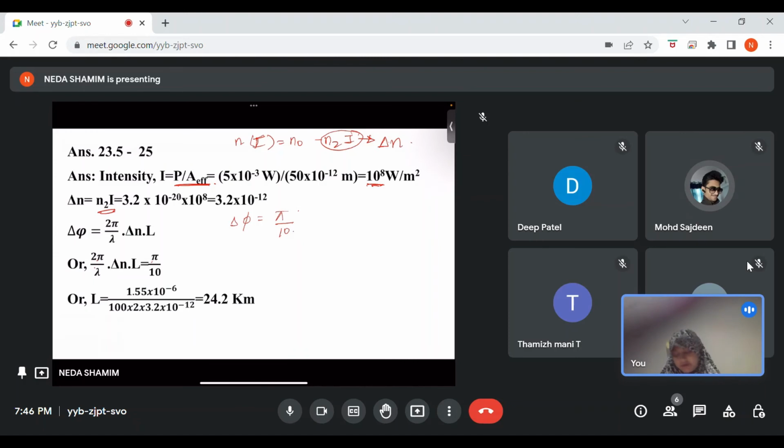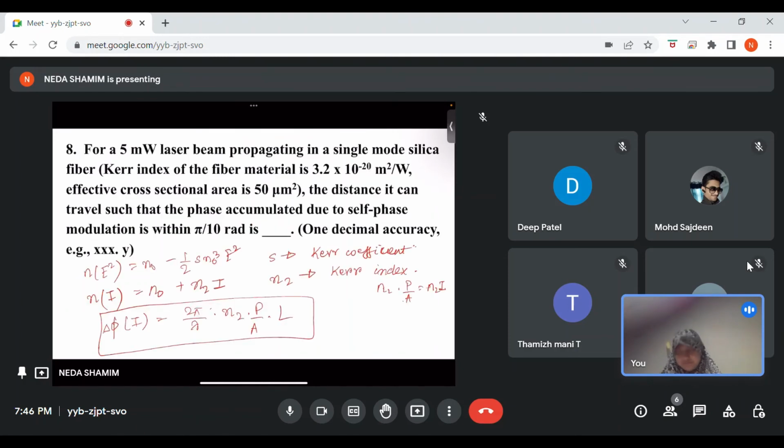Just focus on this N2 when I write the refractive index of the medium as a function of the intensity. That is equal to N0, which is the original refractive index, plus N2 times I. And this N2 is the symbol of the Kerr index.